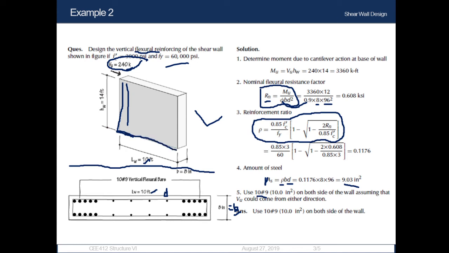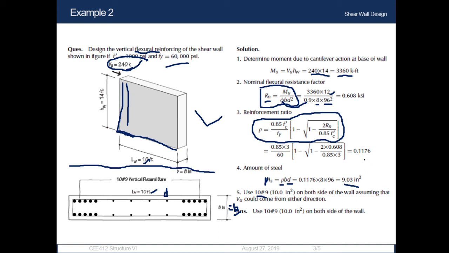Moment is force into distance. By multiplying this force with the distance, we get the value of moment in feet, but as we are plugging in the values in inch, we convert it to inch by multiplying with 12. Plugging in the value of moment, we get the value of Rn, and plugging in Rn, we get the reinforcement ratio rho.